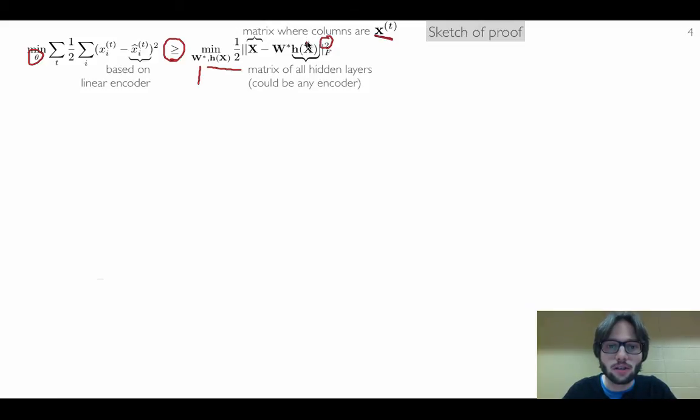So we're not yet going to constrain it to be the result of a linear encoder. We'll just assume it's any matrix. After that, we'll show that if we minimize this, the greater or equal is actually an equal, if we assume that this was the result of a linear encoder. But for now, let's just look at this particular problem where H of X can be any matrix.